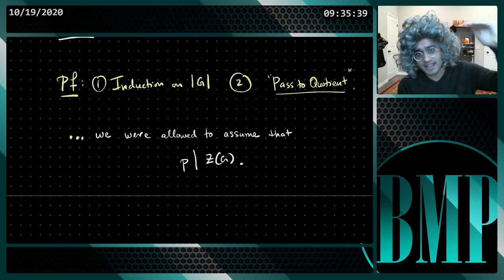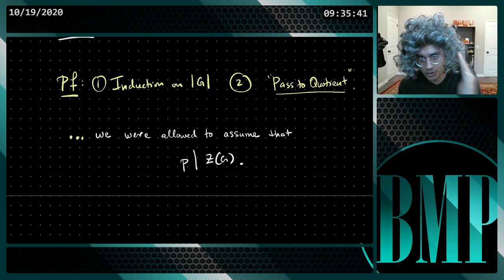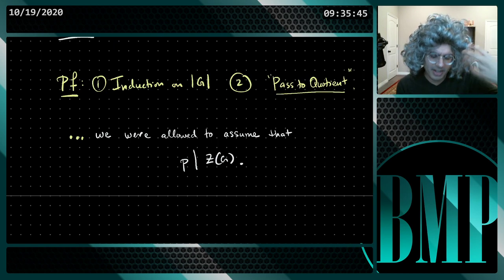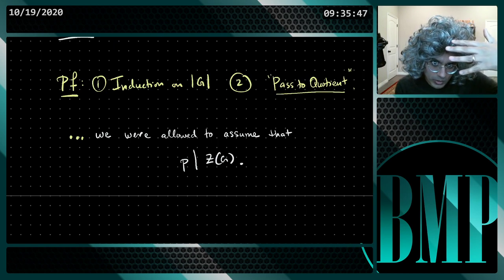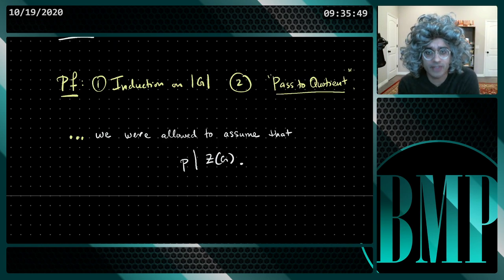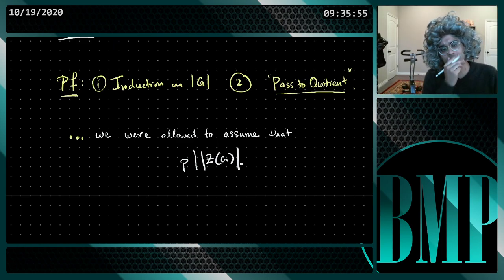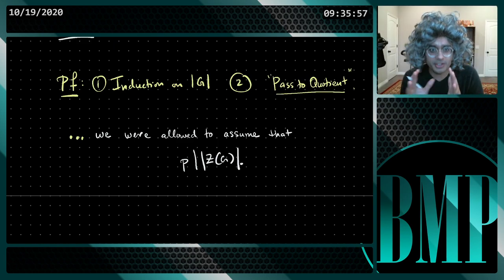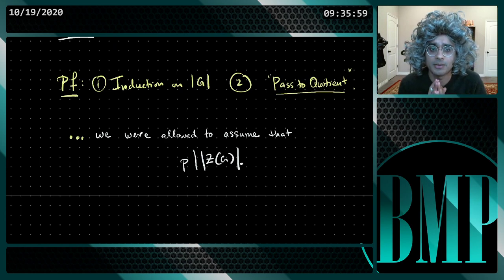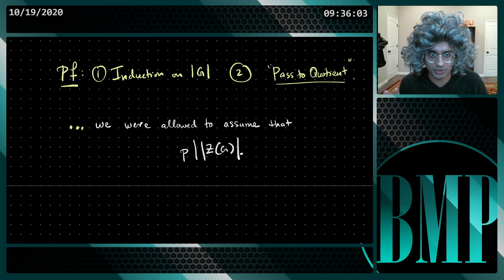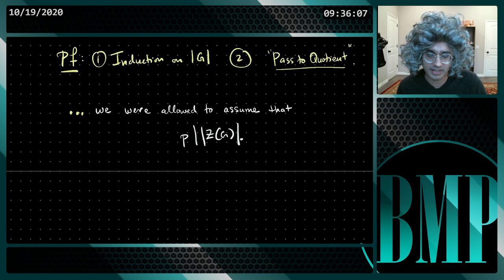It was just that in the argument, in the proof, we had gone through some cases, and we could assume that p divided the order of the center. So that was the structure of the argument that got us to this supposition. Not that this is always true. It's just that in this argument, we ended up here.